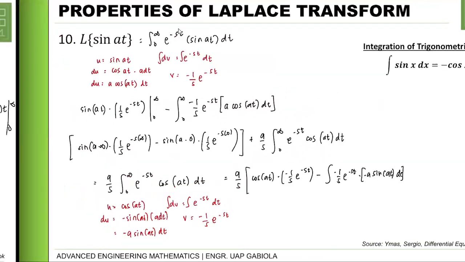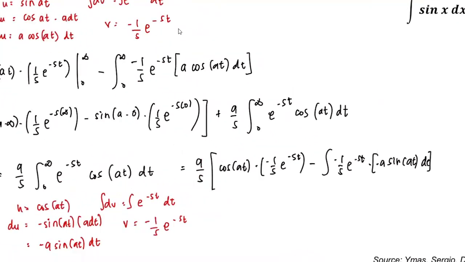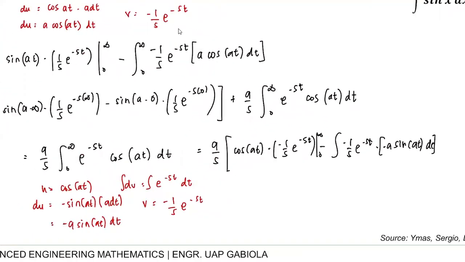Okay, so let us simplify this one. So this is 0 to infinity. So a over s, we have cosine of a times infinity times negative 1 over s e negative s to infinity minus cosine of a times 0.